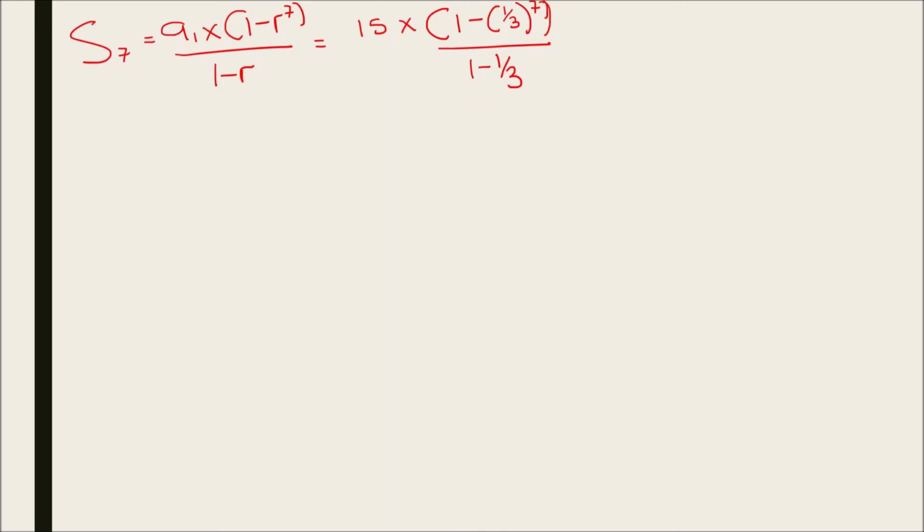Now whenever you have something like this, if you have 1 minus 1 over n, the answer is simply n minus 1 over n.